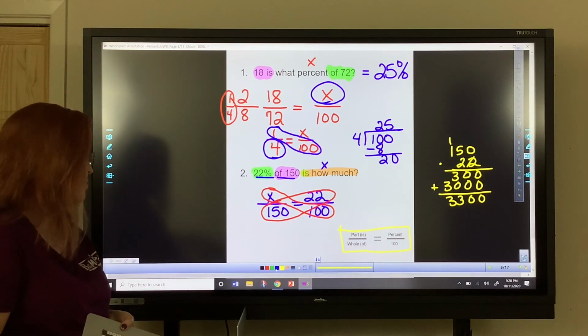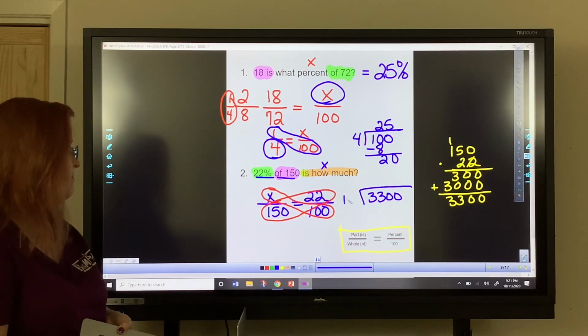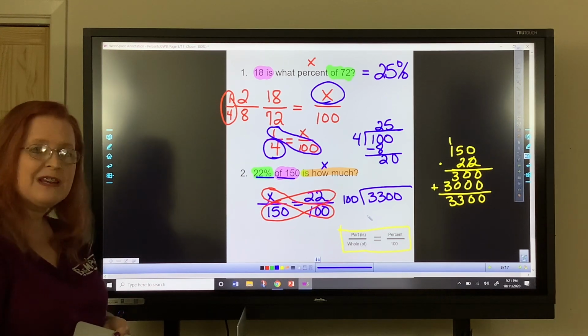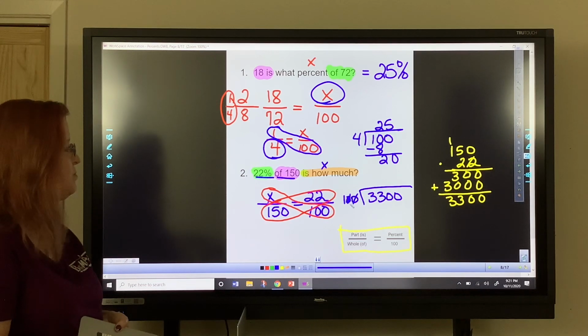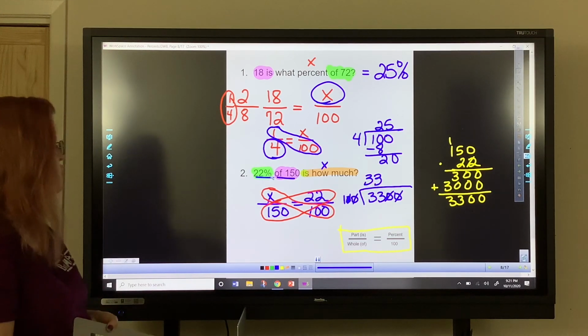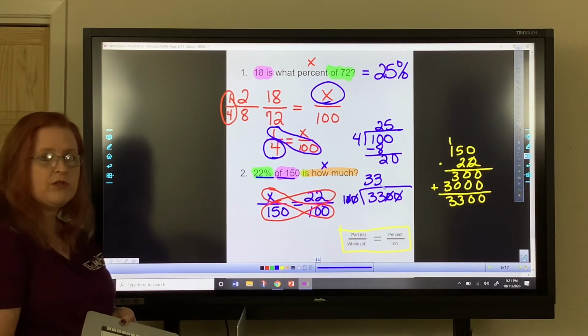Now, what is the rule for dividing by 100? We have 3,300 divided by 100. Anytime you're dividing by 100, all you have to do is move your decimal 2 places to the left. So we end up with 33. And so 22% of 150 is 33.